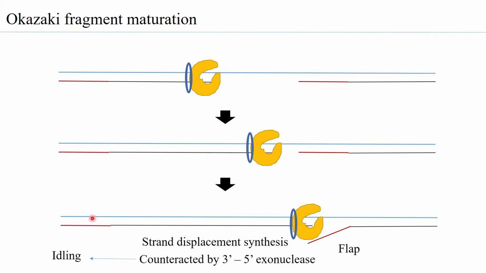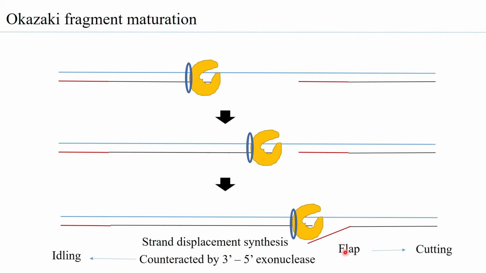What is the consequence of this idling? The flap size does not increase. So the flap is short, not a long flap. This suggests that DNA polymerase delta can go into idling to ensure that the flap it has created is short.